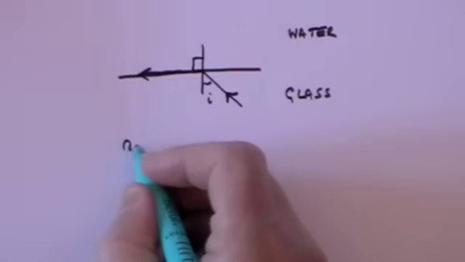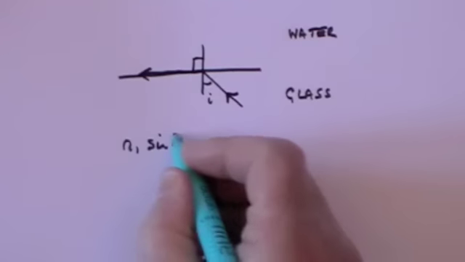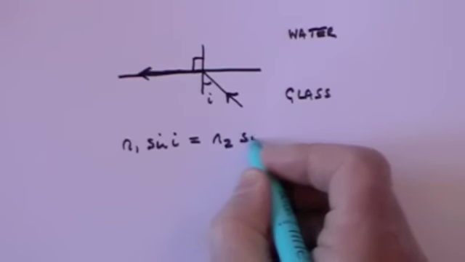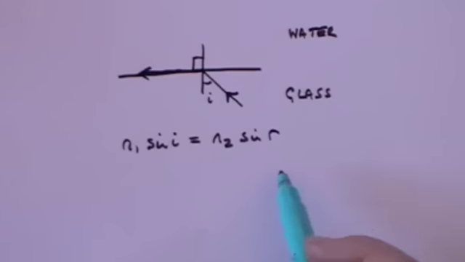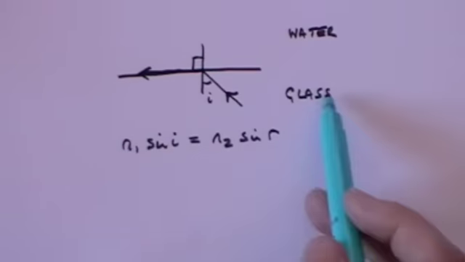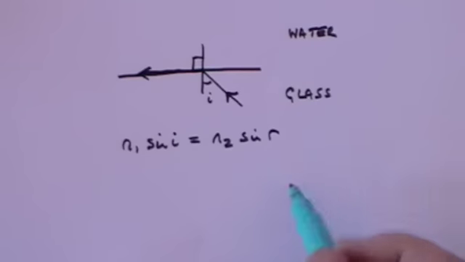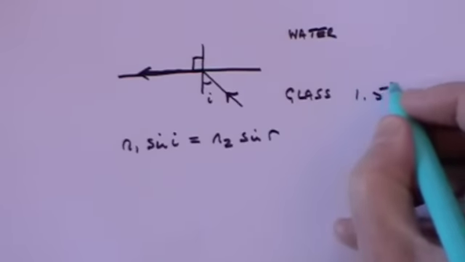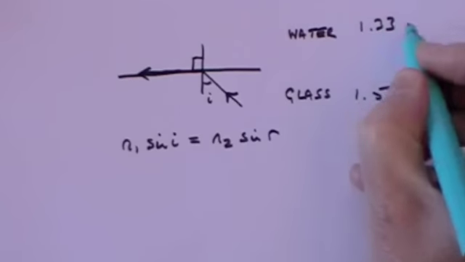Once again, we're going to use the formula n1 sine I equals n2 sine R. n1 is the refractive index in glass, and we're told that that's 1.5 and water is 1.33.